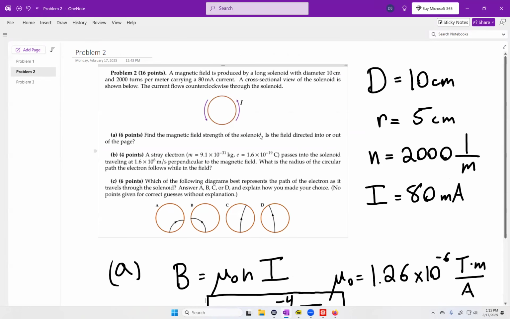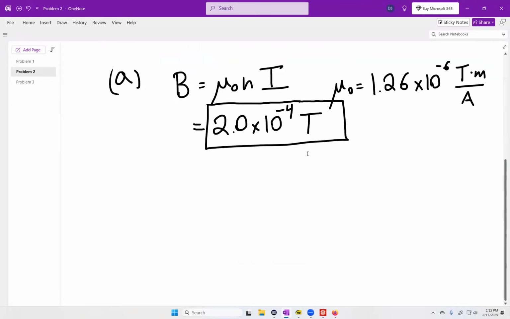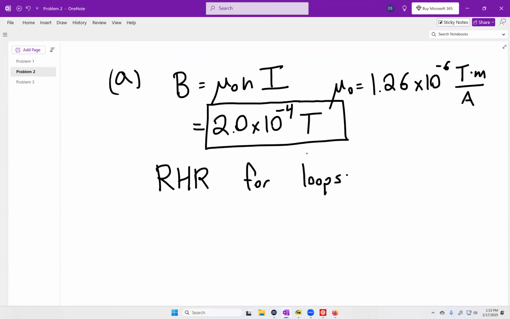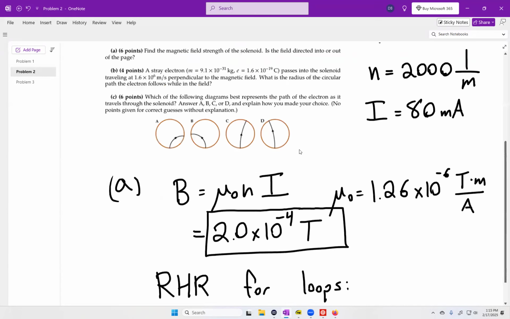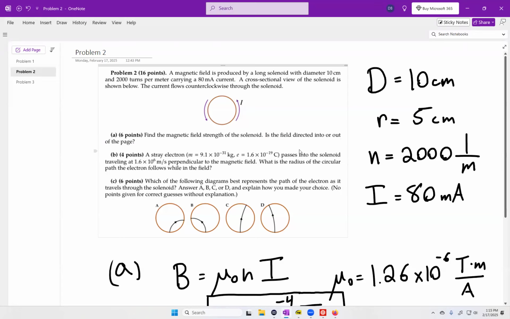Okay, and then the problem asks, is the field directed into or out of the page? So this, we just use our right-hand rule for loops. Remember that says we curl our fingers in the direction that the current's moving, and then our thumb is going to tell us the direction of the magnetic field. So in this case, we just need to curl our fingers counterclockwise.